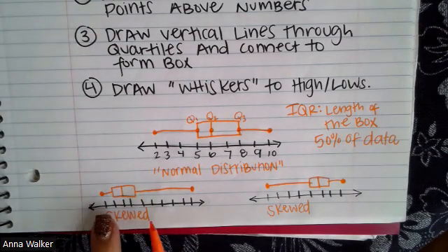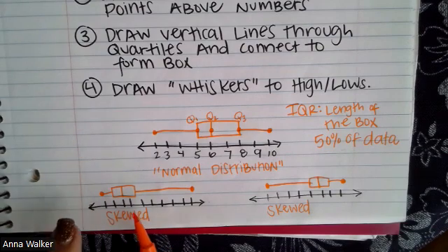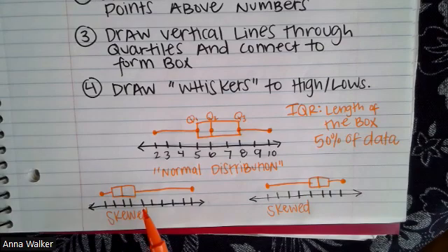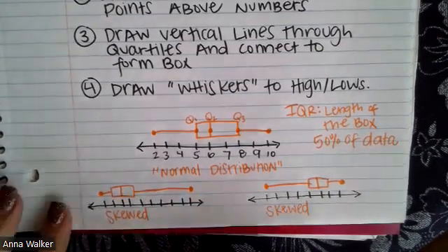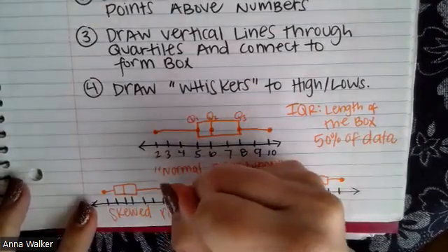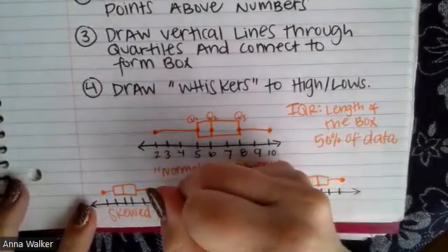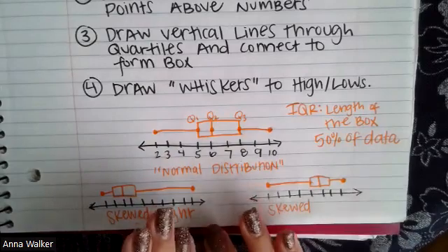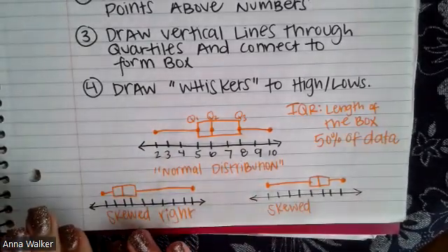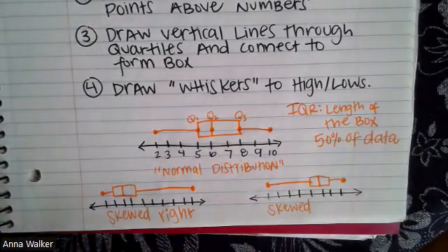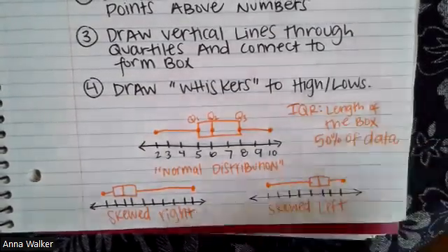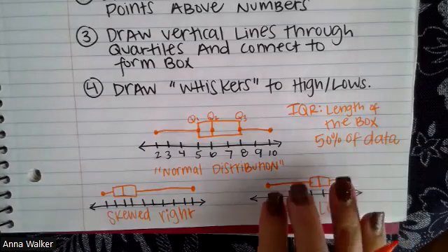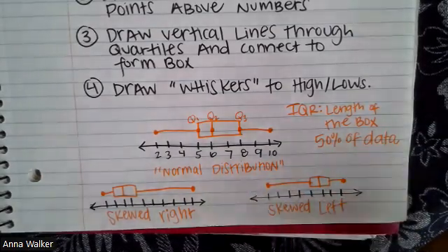Even though the data is over here on the left-hand side, where the median, all the quartiles, everything is, we actually describe this particular graph as being skewed to the right, because it's skewed away from the right-hand side. So it's the opposite of the direction. This one is going to be skewed left, even though the data is on the right-hand side, because all the data is skewed away from the left.